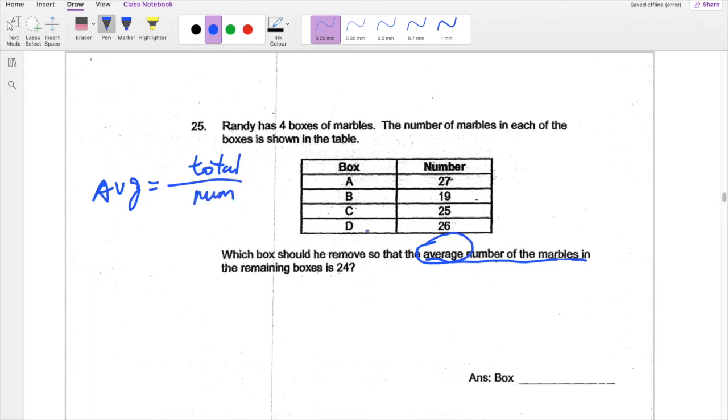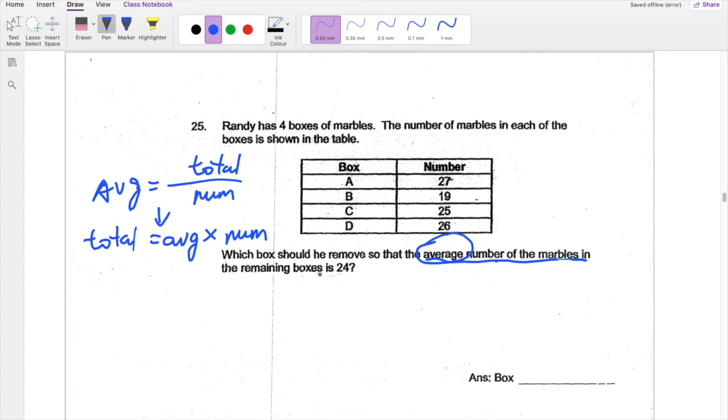Here, for example, if it's 3 boxes, the amount is 3. We can also derive that the total is equal to average times the number of boxes. So for the 4 boxes, if we remove 1 box, the average of the rest is 24.